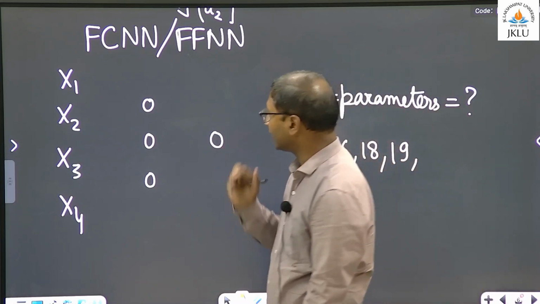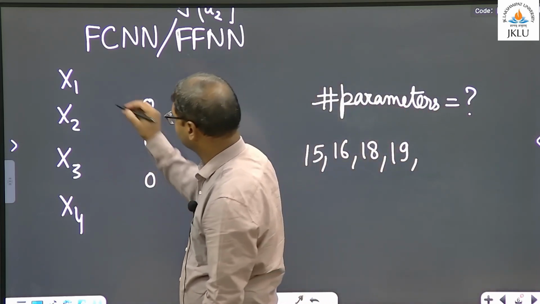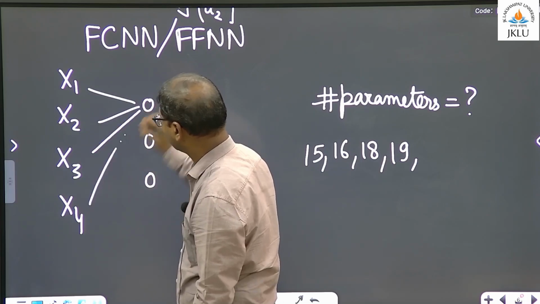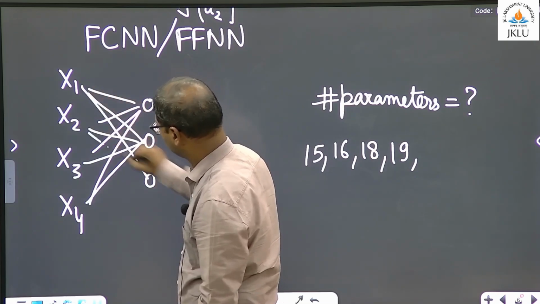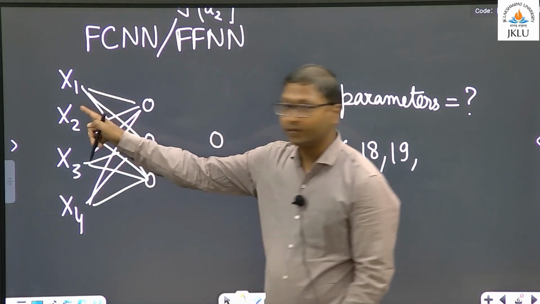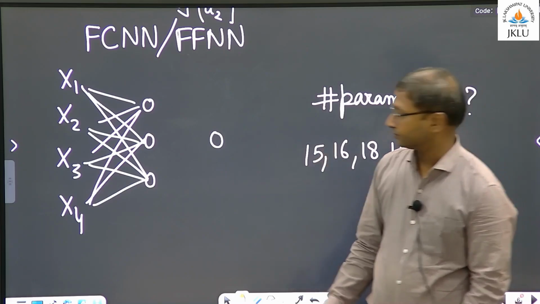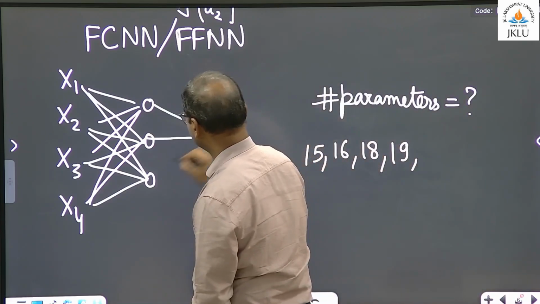No other numbers? Alright. Now, how will they be connected? Everybody is connected to everybody here. 1, 2, 3.